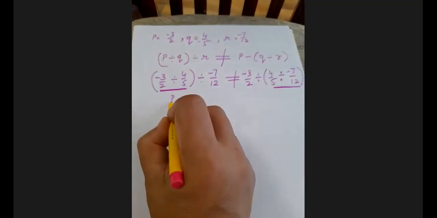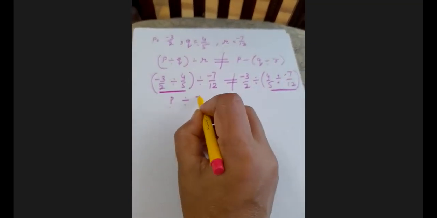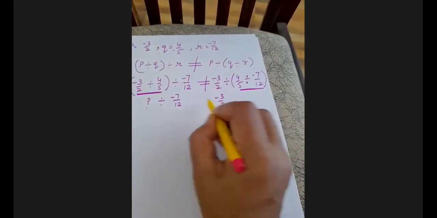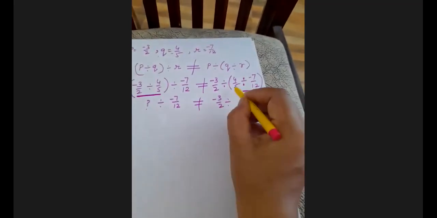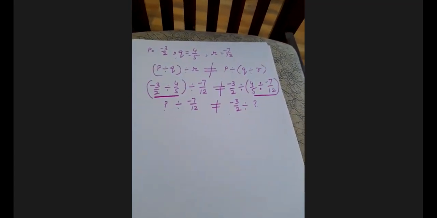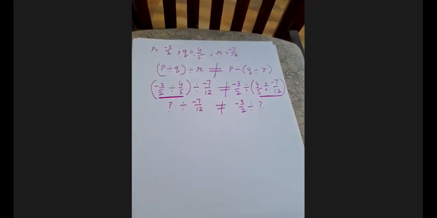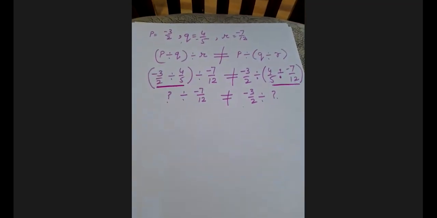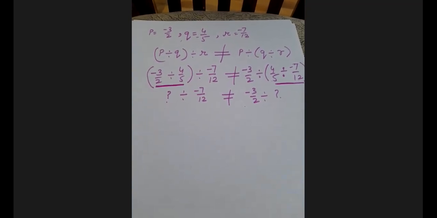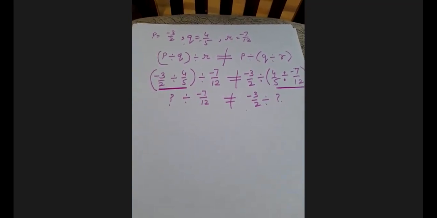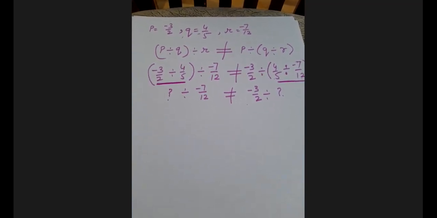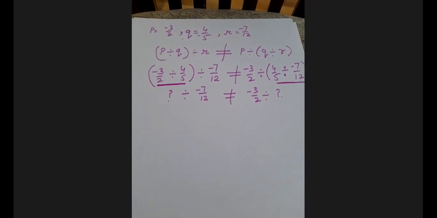The result which we obtained from here, we will divide by minus 7/12. And here minus 3/2 as it is, and the result which we obtained by solving this, we divide by 3/2. Now solve these two parts. If the left hand side is not equal to the right hand side, the result is not the same, then we can say this statement is verified.